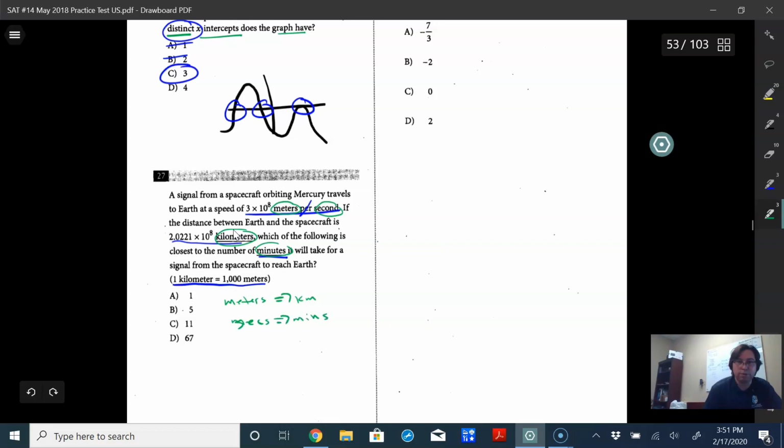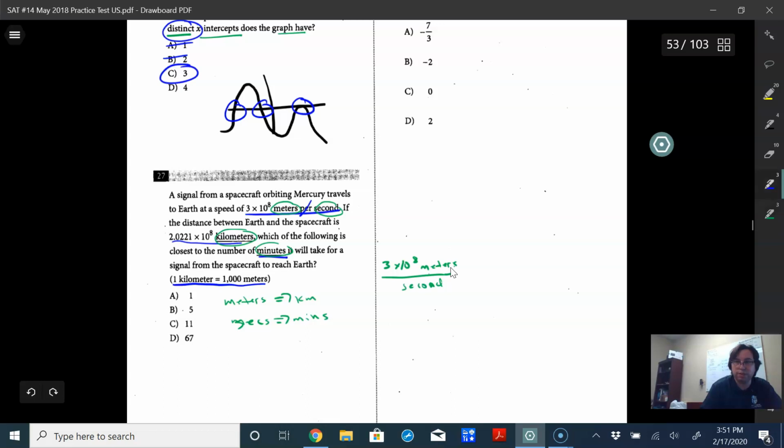So let's set up our first calculation. We have 3 × 10⁸ meters, and that's over a second, so per second. We want to go from meters to kilometers, as we suggested, and so here's our conversion factor.